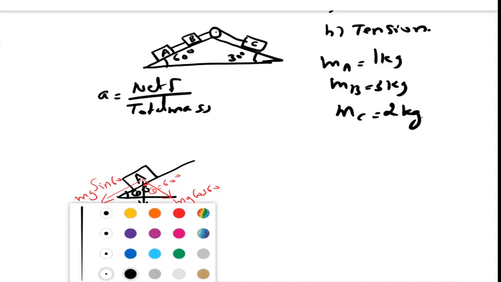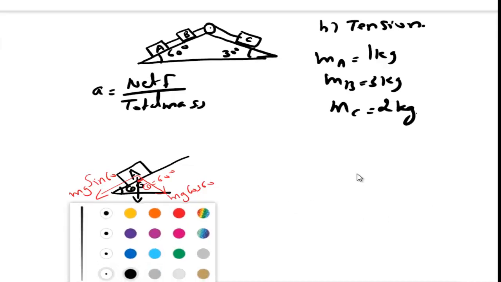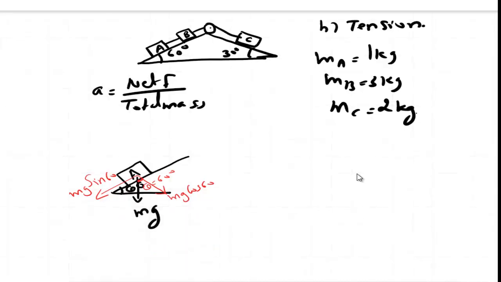Here, when I am considering the other side of the inclined plane, how can I find it out? This is C, which is making an angle of 30 degrees, and C is kept over here, and mg is acting exactly downwards.